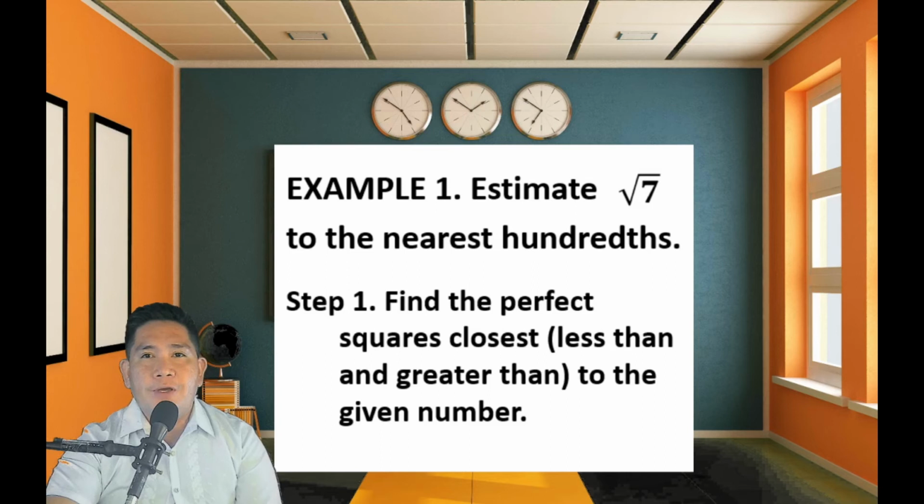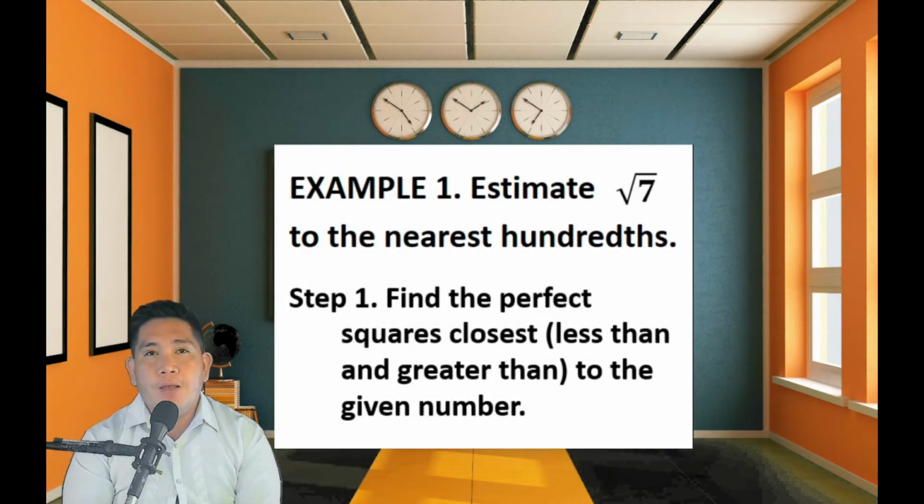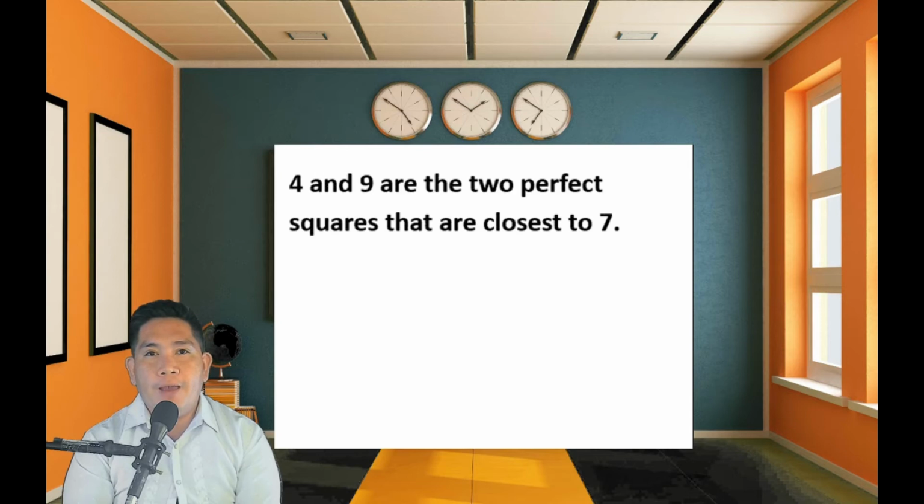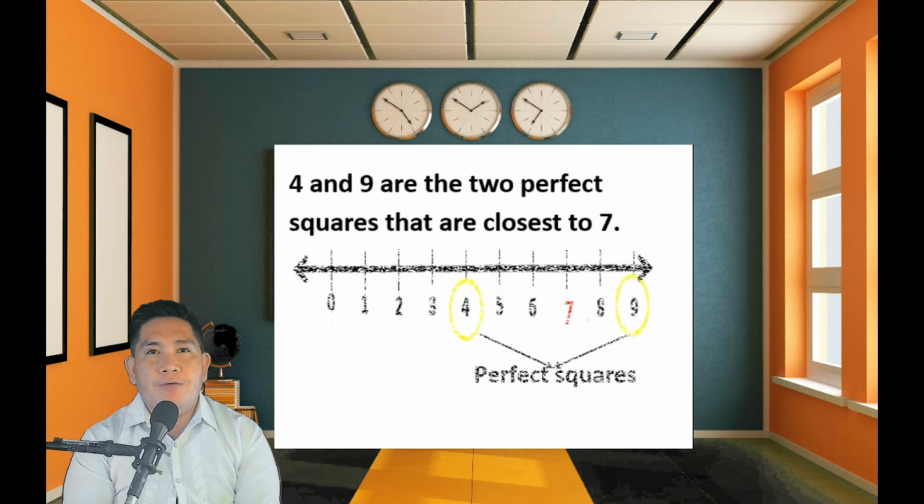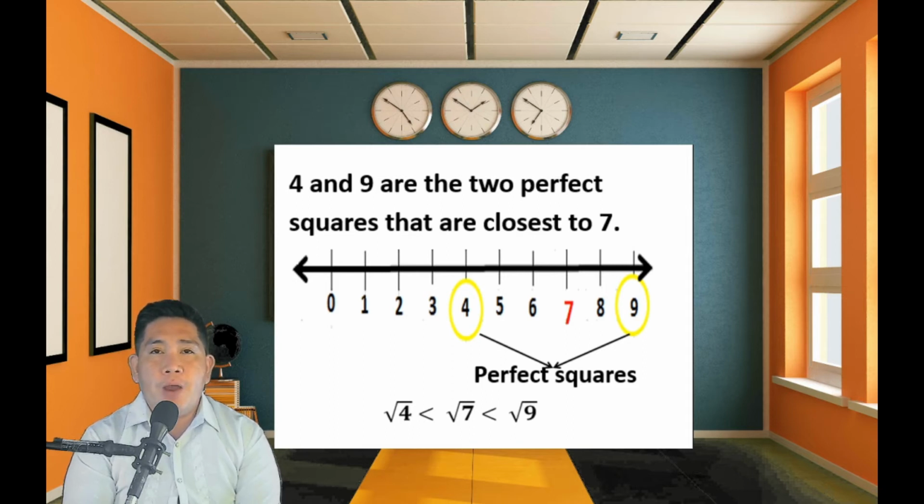Since 7 is not a perfect square, we need to find the 2 perfect squares that are closest to 7. These are 4 and 9, because square root of 7 is greater than square root of 4 but less than square root of 9, or square root of 7 is greater than 2 but less than 3.